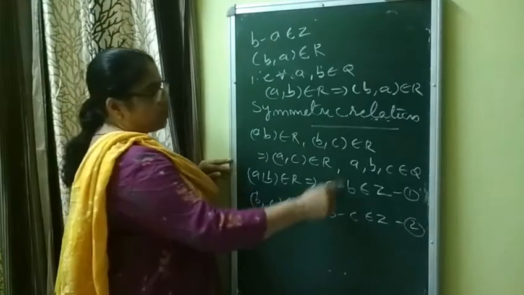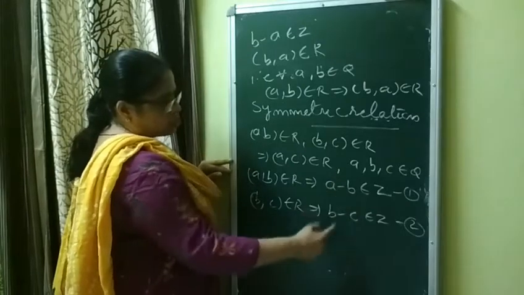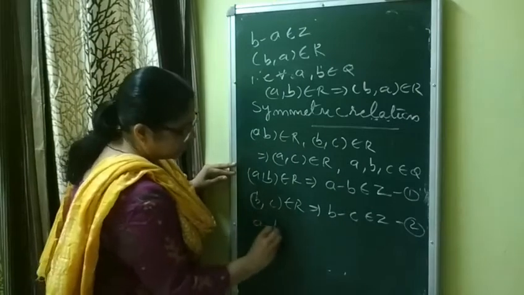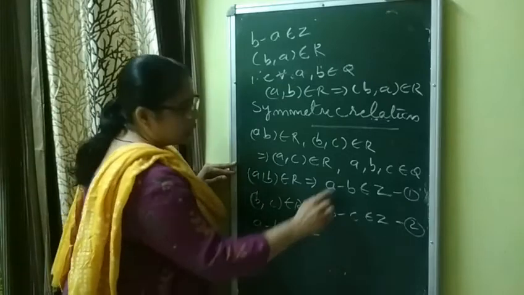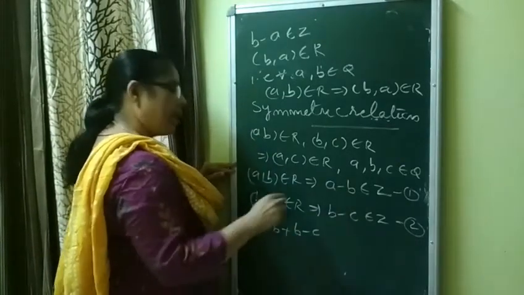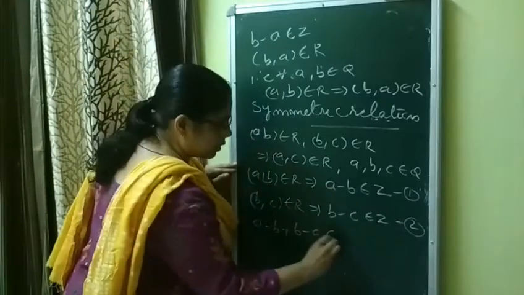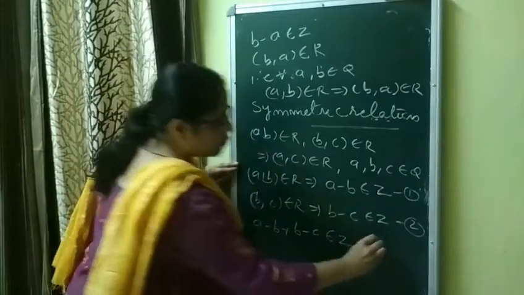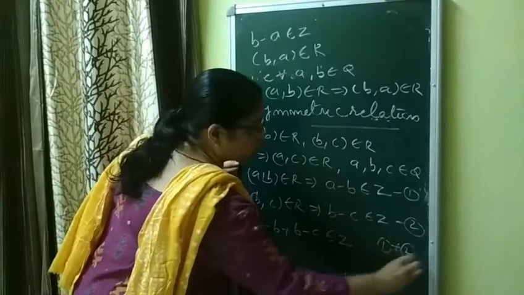For that, what we have to do: if you add these two, a minus b plus b minus c. If a minus b is an integer and b minus c is an integer, then their sum is again an integer, belongs to Z. That means we are adding 1 and 2.